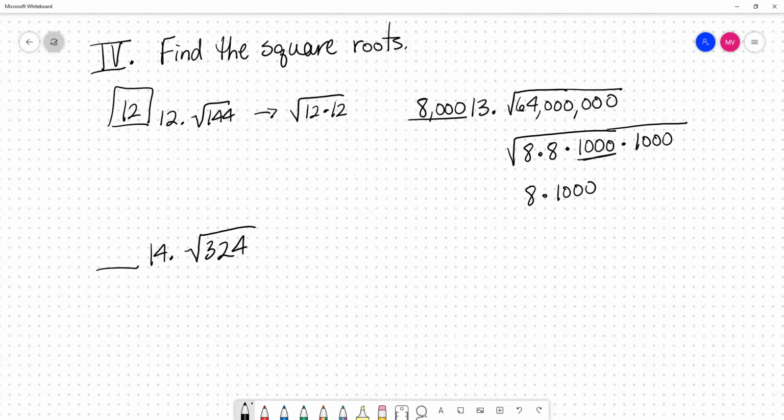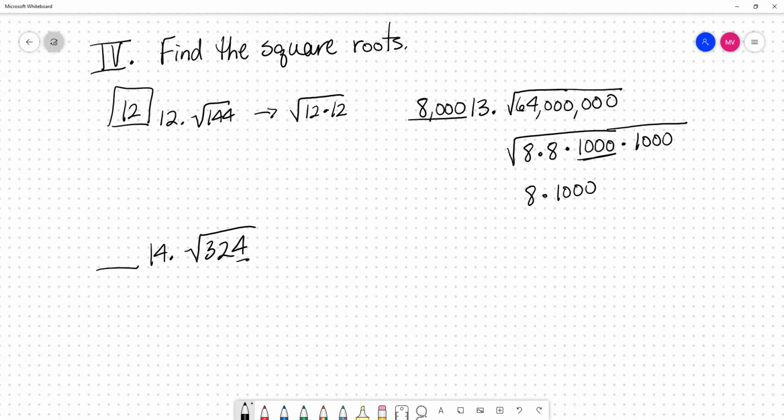Well, 7 times 7 is 49. And does that end in a 9? I know, but just look at the last number, because no matter what, 17 times 17, your last number is going to be 9. But 8 times 8 is what? 64. And we have a 4 here.